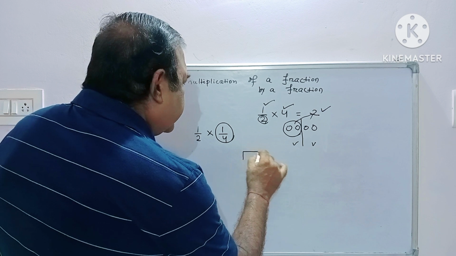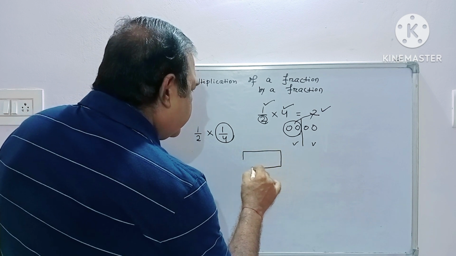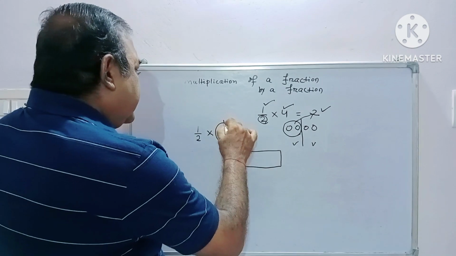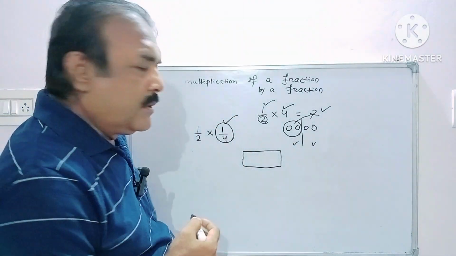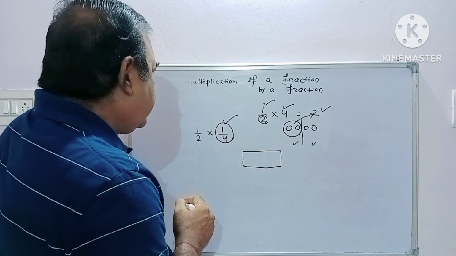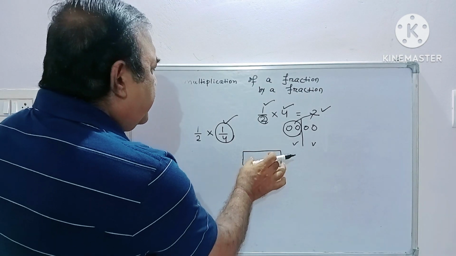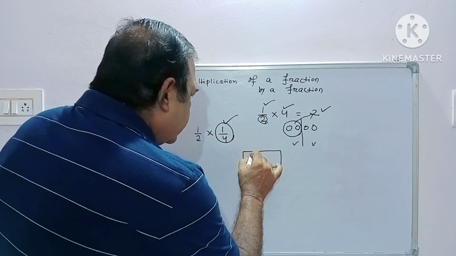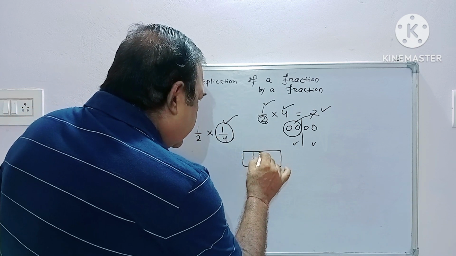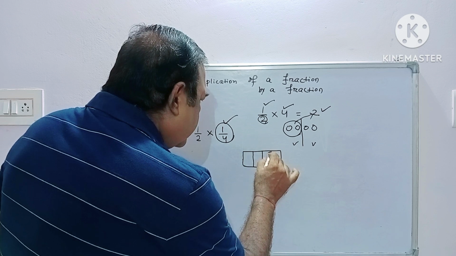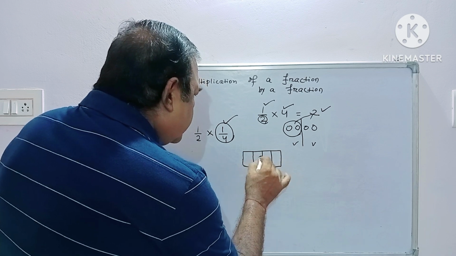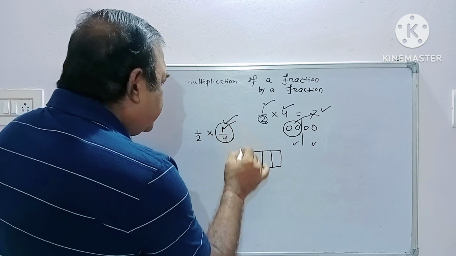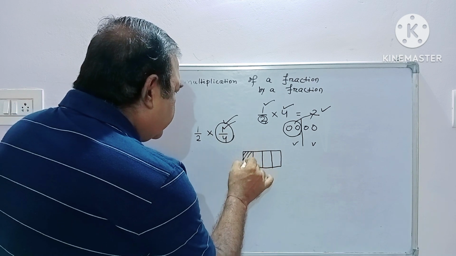Suppose this is a piece of biscuit, and I have to represent 1 upon 4 or 1 by 4. So what will you do? Now we have to divide this piece of biscuit into 4 equal parts. Let it be 1, 2, 3, 4. 4 equal parts. And I have to take one part. Suppose I took this part.